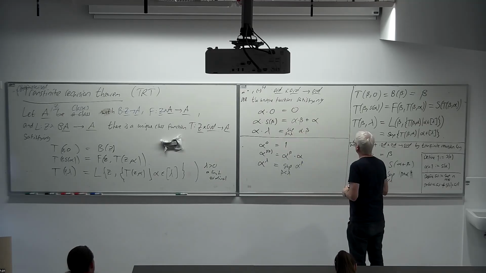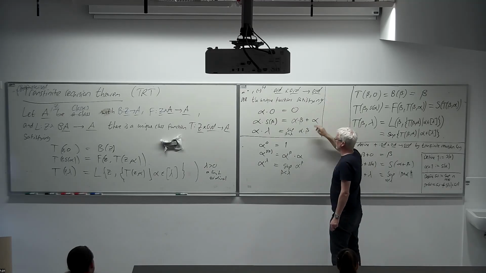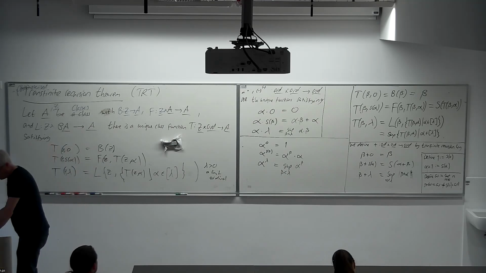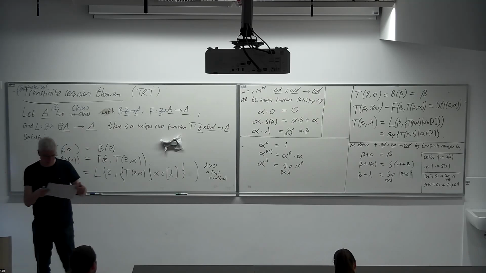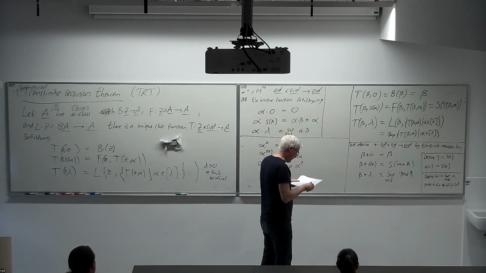So those are the arithmetic operations. And in this case, it's nice to work out some simple examples to see how commutativity fails, and to see other things.